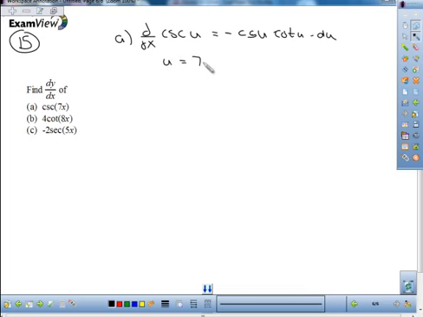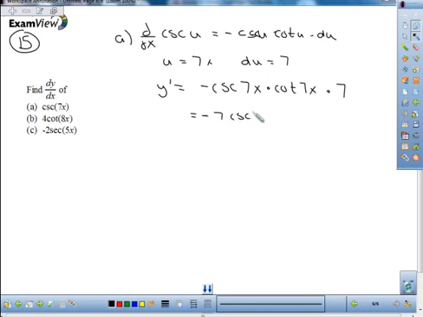So u is 7x, so the derivative of u is 7. So my derivative is going to be negative cosecant of 7x times cotangent of 7x times 7, or negative 7 cosecant of 7x cotangent of 7x.